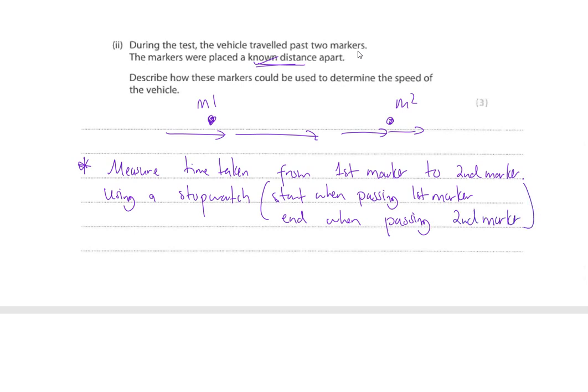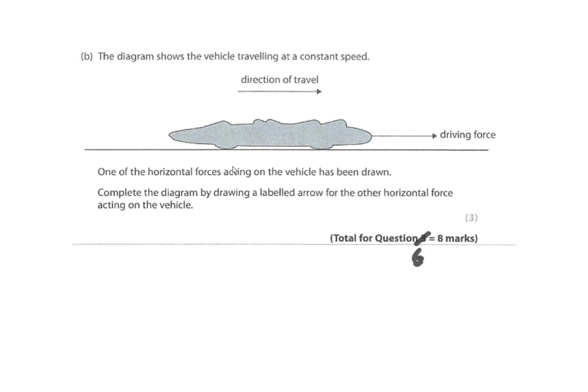And then using speed equal to distance over time. Okay, so here we go. So these are 3 marks. 1 mark for saying what to measure and what to use to measure it, and this one because the distance is known. The question tells the distance is known. Okay, next one. Oh, that's the last one.